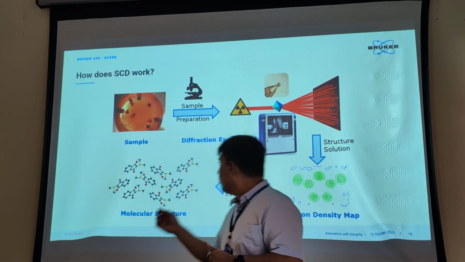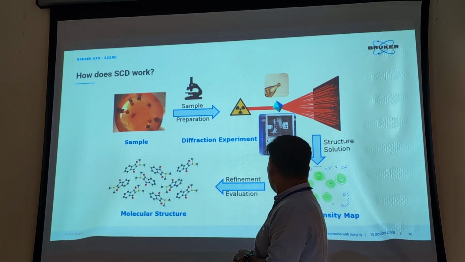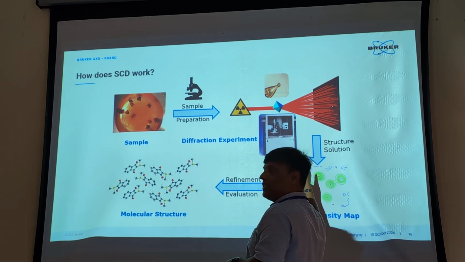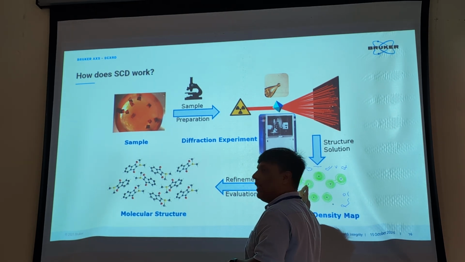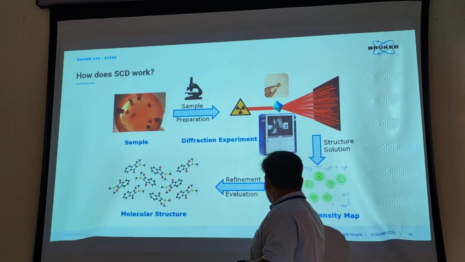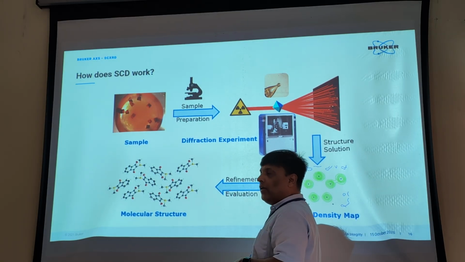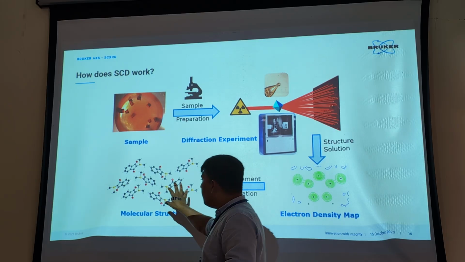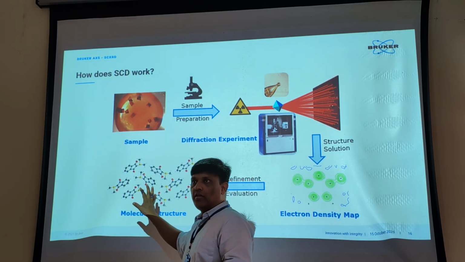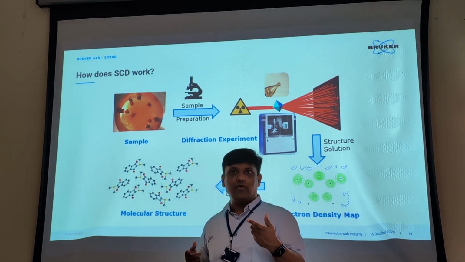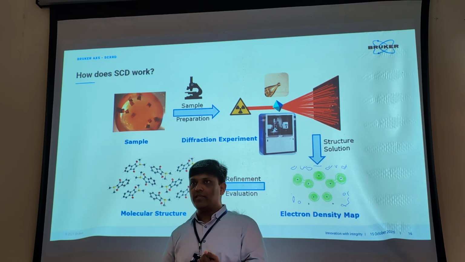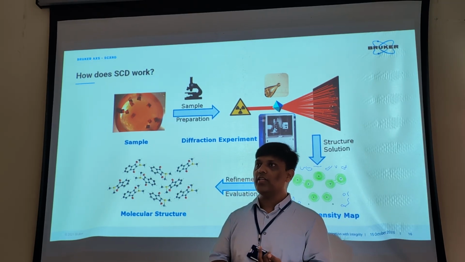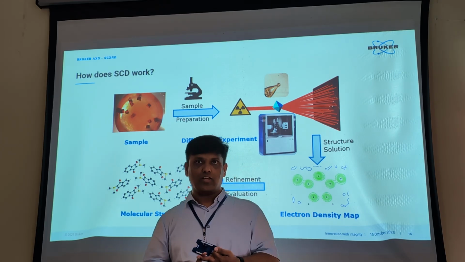Then you collect the data, and the software takes care of processing it and gives you an electron density. Based on the electron density, the software already suggests what your molecular structure can be. But then you need to evaluate whether your chemistry makes sense: is carbon in the carbon place, nitrogen in the nitrogen place, oxygen in the oxygen place?